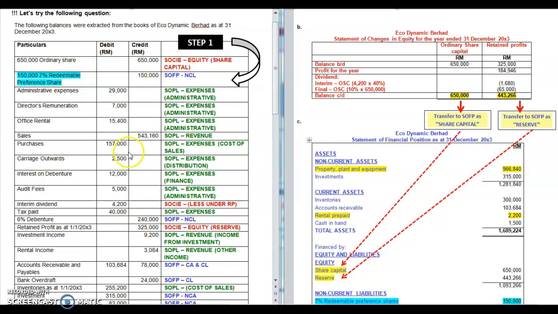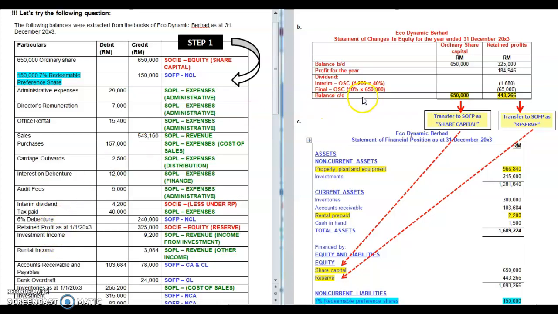Therefore, based on the summary, we have found out that there are only two main items to be reported under SoCIE, and they are ordinary share, which represents the item under share capital, and retained profit, which represents the item under reserves. As for dividend, it is also part of the items to be reported in SoCIE, and it is to be adjusted under retained profit.